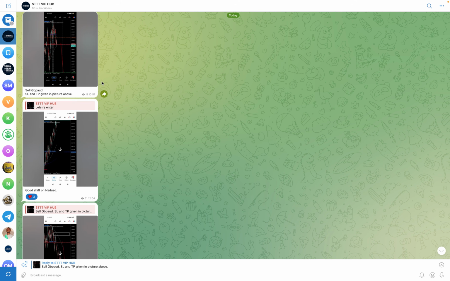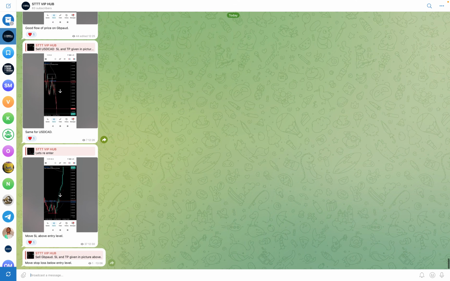We're going to move stop loss below entry level so that this trade is now risk free. All right, so that has just been sent to the VIP. I'll also send a screenshot through my phone to the guys so that they can make the appropriate adjustments as we go.